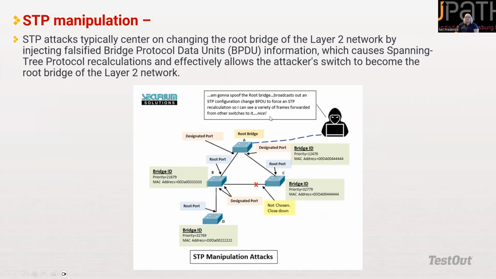So this is the bad actor sitting down and saying, I'm going to spoof the root bridge. I'm going to broadcast out to the STP configuration using the BPDU to force STP to recalculate so I can see a variety of frames forwarded from other switches to it. So he gets a lot of information, then he steps in and becomes the root bridge, and he gets information to all the rest of this.